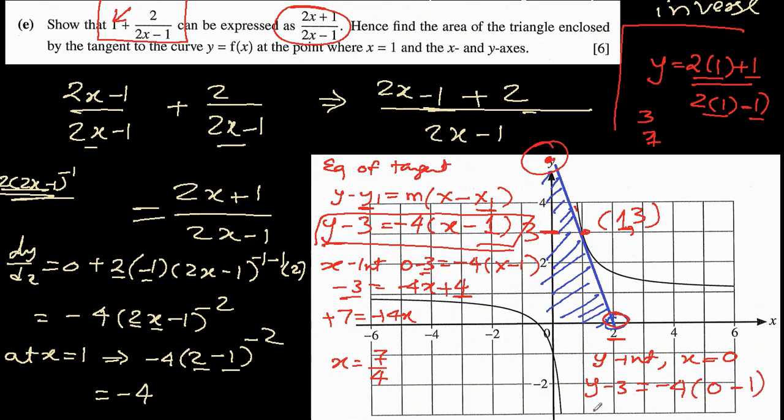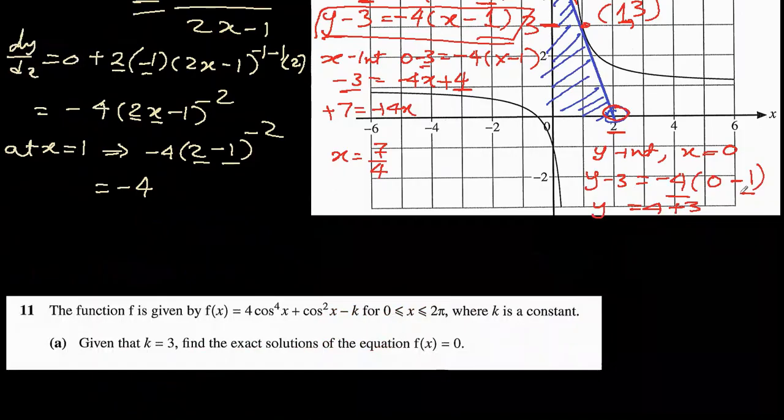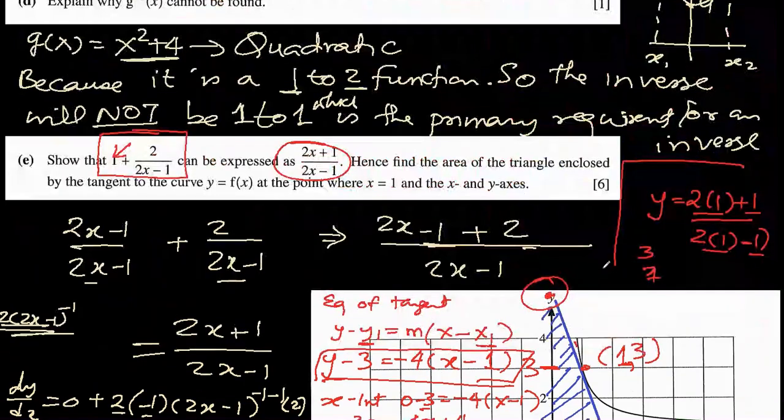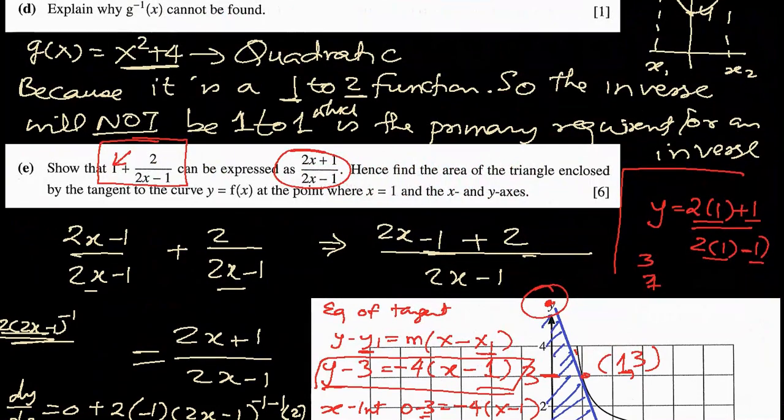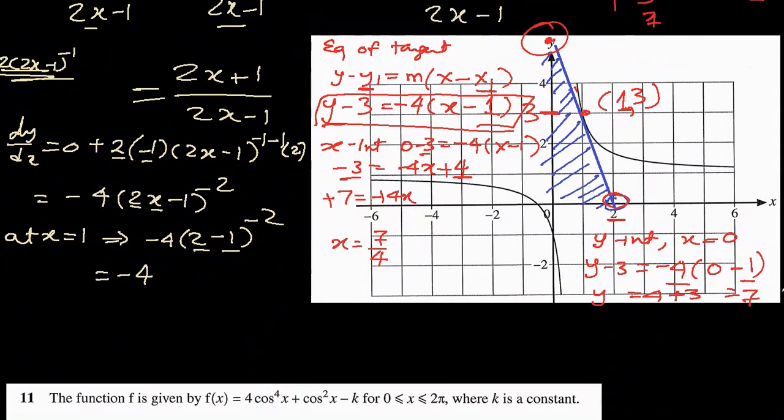So y will stay here, minus 3 can come here. This is how much? Minus 4 times minus 1, positive 4, plus 3. 4 plus 3 is 7. And that makes perfect sense. Here it looks like it is 5 or 5.5, but as I told you, the tangent was drawn randomly. This is the right one.